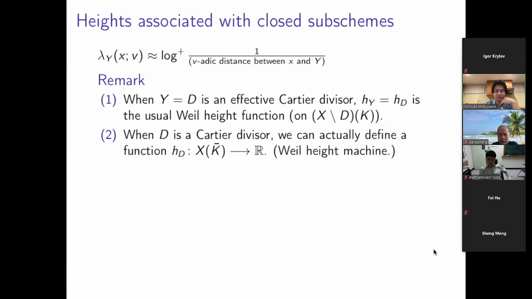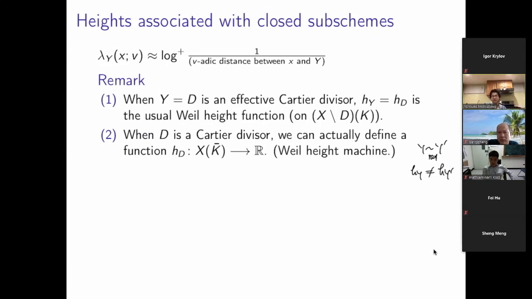This is because the global height function is independent of the linear equivalence. But for subvarieties, the global height function h sub Y really depends on the class of Y. For example, if Y and Y prime are rationally equivalent, this is not true up to bounded functions.